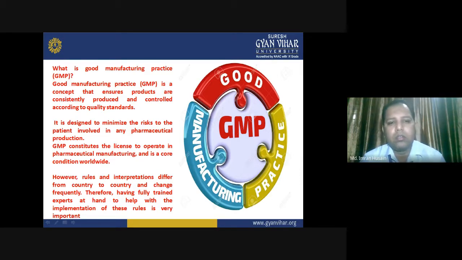So GMP constitutes the license to operate in pharmaceutical manufacturing and is a core condition worldwide.